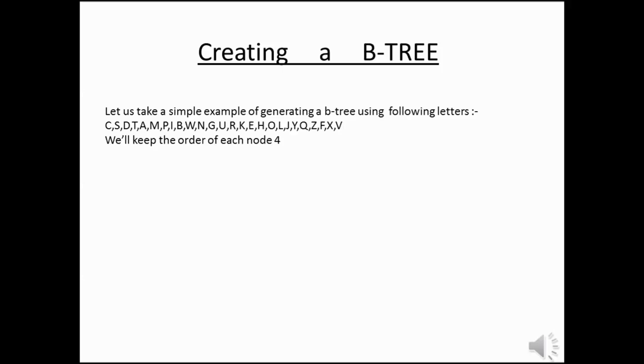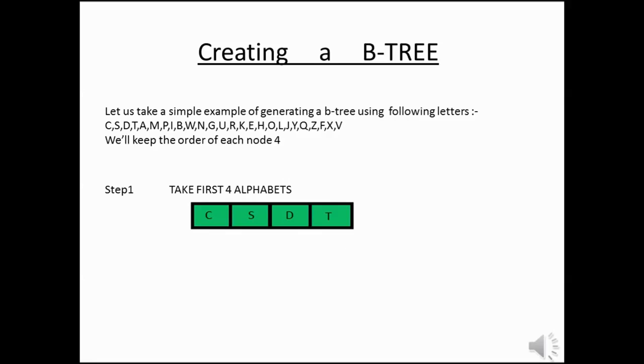See the steps. Step 1. First, take the first 4 alphabets. Why are we taking the first 4 alphabets? Because the order is 4. As we have seen, the first step of our basic algorithm says that insert every element from the list to the node until it is full.